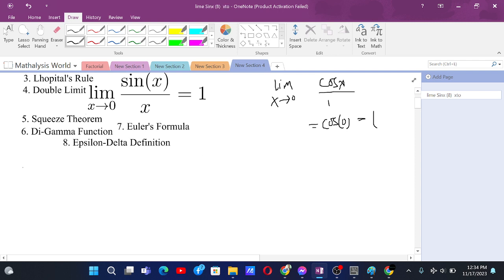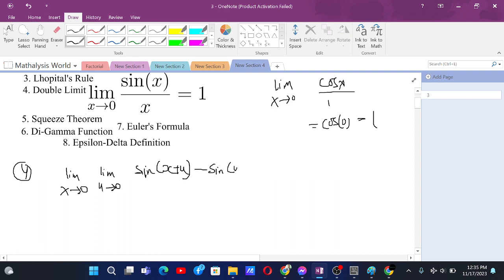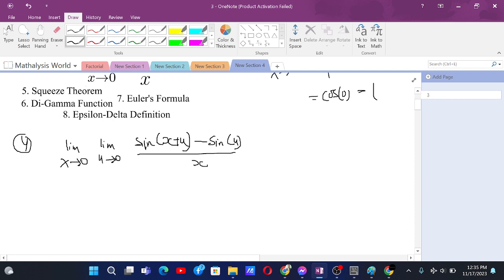The fourth one is based on a double limit. Basically we introduce another limit too. Let's introduce limit u tends to 0 and put something like this, and you will know the reason for it: sine of x plus u minus sine of u, by x. Now if we interchange these limits, something interesting happens.